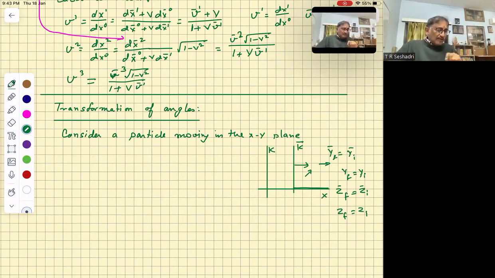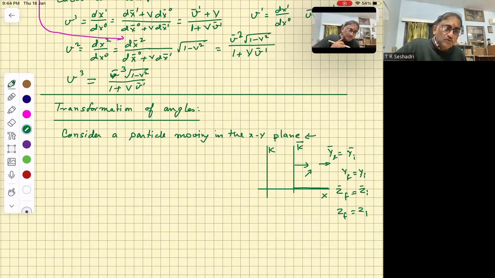So with no loss of generality, I can consider only the XY plane, and this will not be any special situation. I can always convert any situation into this. The particle could be moving in an arbitrary trajectory, but at a particular instant, I draw the tangent to the trajectory. That will be the instantaneous velocity.